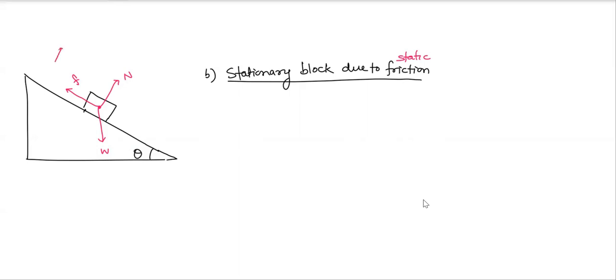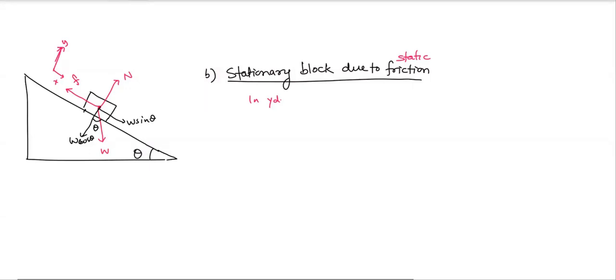So I will consider again, this is my y and this is my x direction. Now you can see that in the y direction, I first need to resolve the vectors. So I will resolve this as w cos theta, and this will be my w sin theta, as this is my theta.